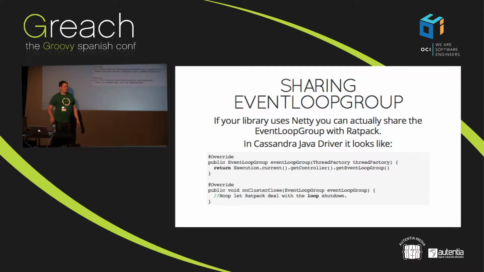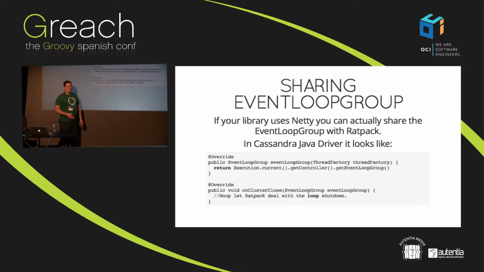So in the case of the Cassandra library, we have this little DSL they have to basically return the event loop group that we want to use, and they'll use that inside their setup. Now, what's interesting is when you start sharing components of Netty between libraries and Ratpack, you have to be somewhat careful, because the Cassandra Java driver really likes to shut down the event loop group if we shut down the session of Cassandra.